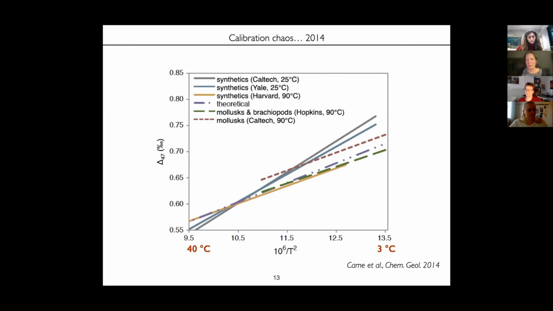So that was basically a time where you could pick and choose your calibration and get a very different temperature record from that, which is of course not satisfying.